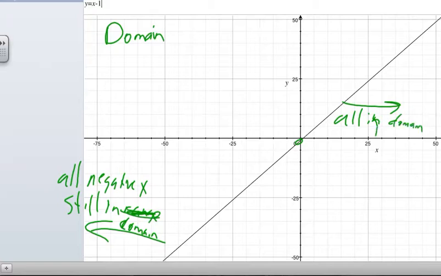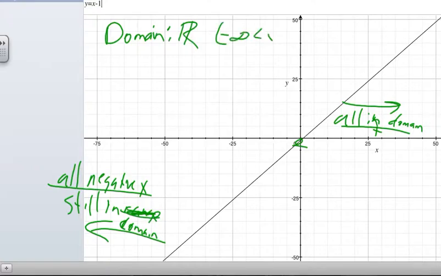So in other words, all of my positive values. So now we step back and take a look. All my negative values are here. 0 is here. All of my positive values are here. What that means is my domain is all real numbers. You could also write it as, they're the same thing.